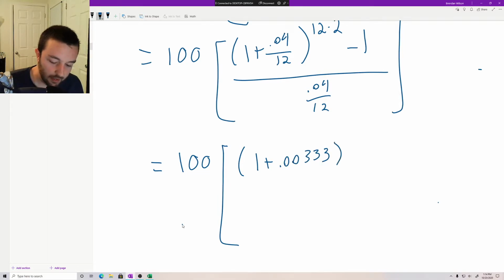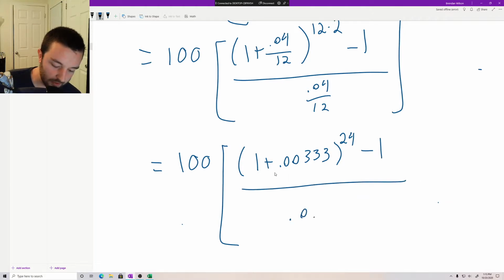You can do as many decimal places as you want, but with something like this you probably shouldn't do 2 decimal places because it's going to be 0. You want at least some significant numbers. 12 times 2 is 24, minus 1. And on the bottom, we still have 0.00333.